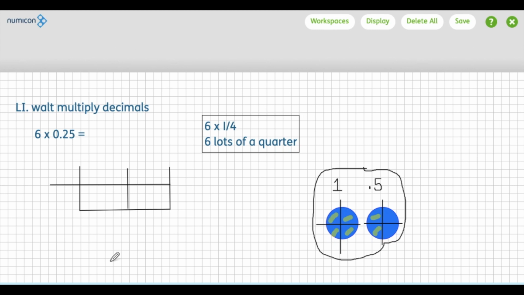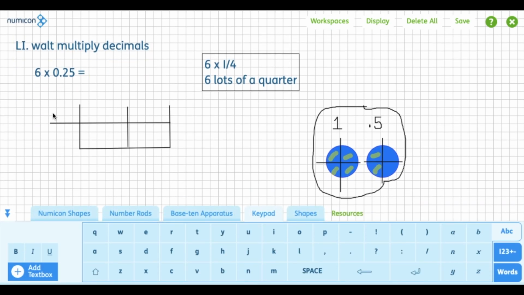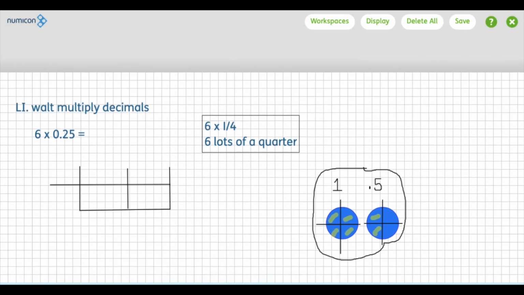Now we're going to check that with our window method again. So we're going to put our times up here. We've got 6 down here. Now we're multiplying by 0.25.